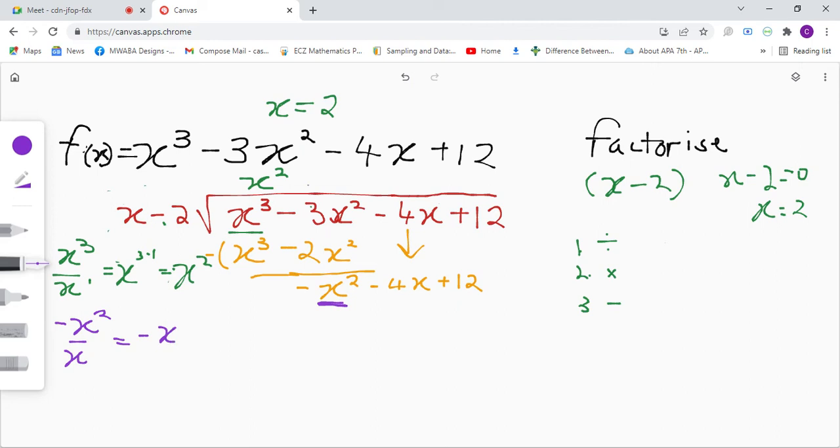So put here minus x. I'm going to say negative x times x, we get negative x squared. Negative x times negative 2, we get positive 2x.